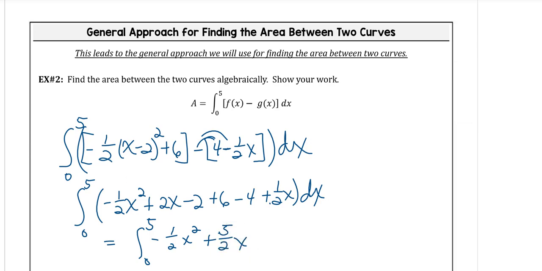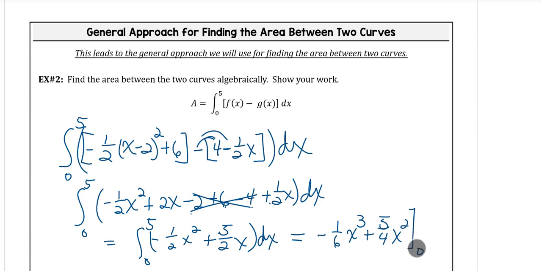And then I have minus 6 plus 6, so all my constants go, so that's my whole polynomial. So when I do that, I get negative 1/6 x to the third plus 5/4 x squared, and I'm evaluating that between 0 and 5.